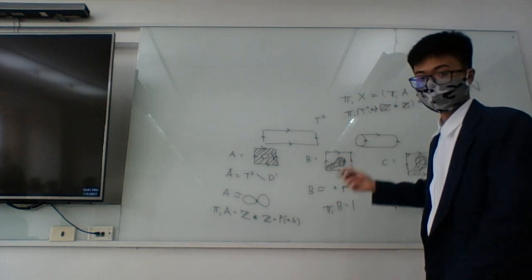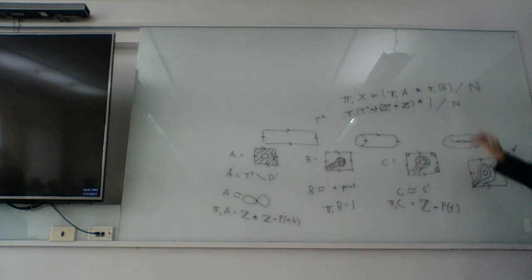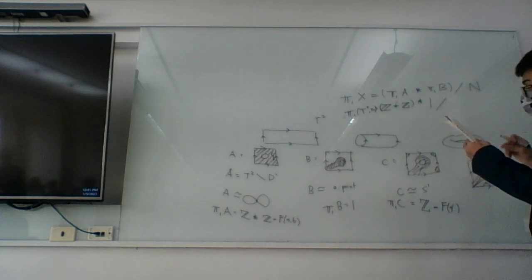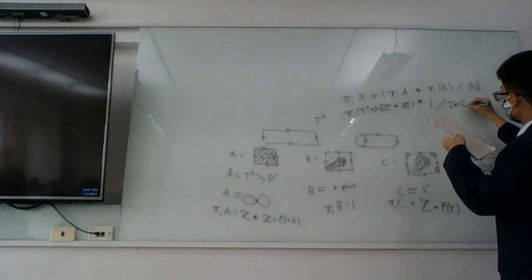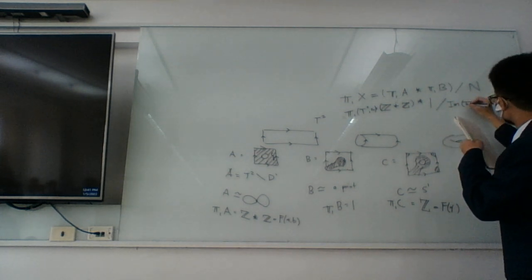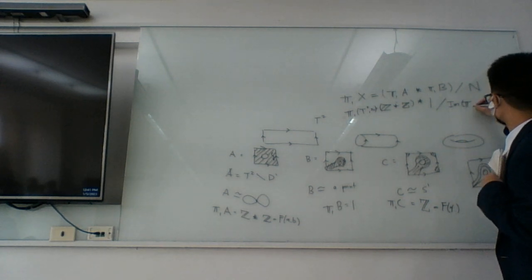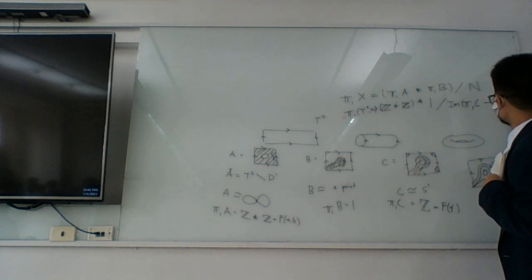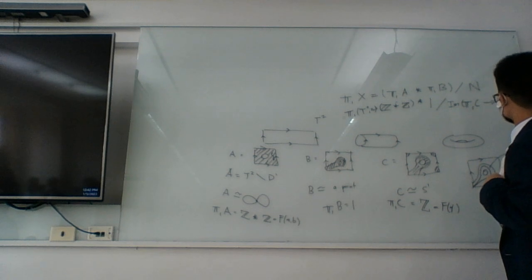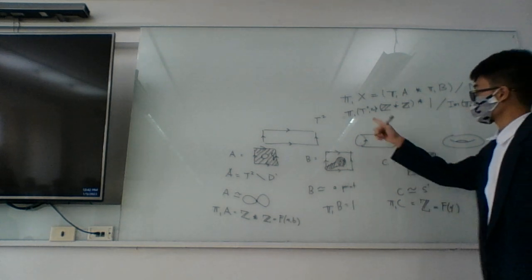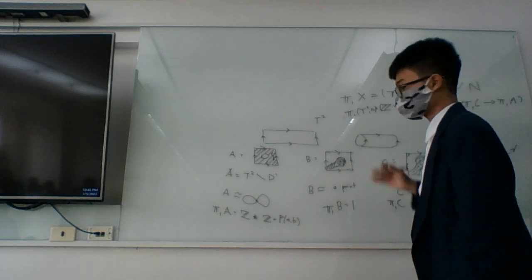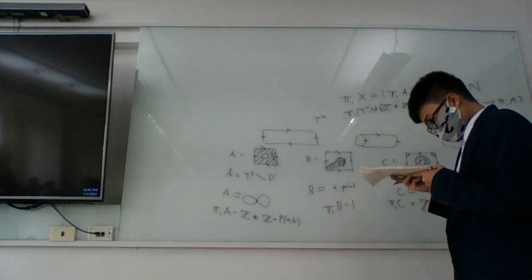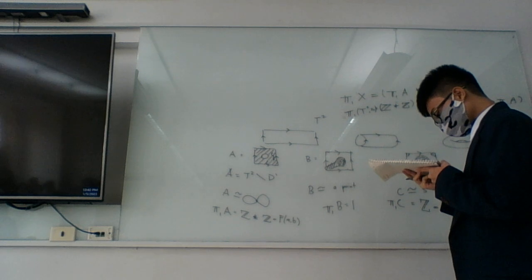And then this N is now some image or isomorphism between pi 1 of C and pi 1 of A. So this is the fundamental group of T2 at the base point.